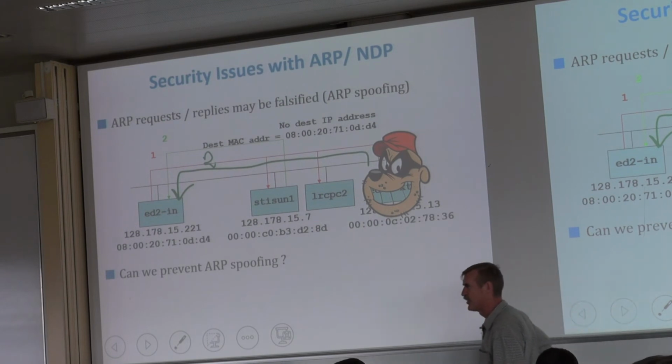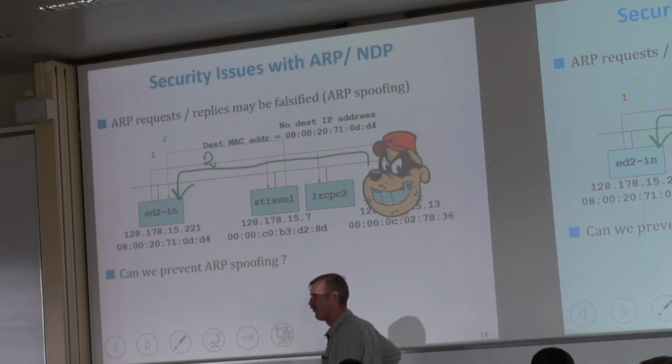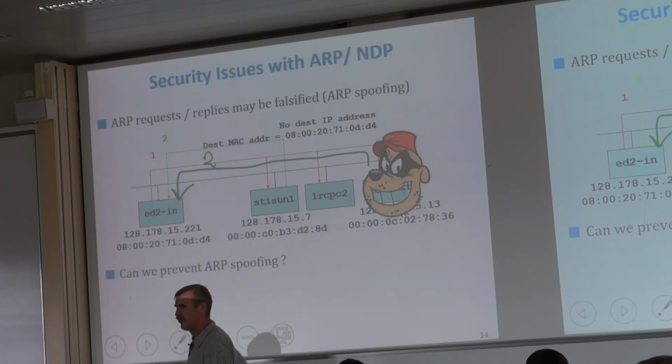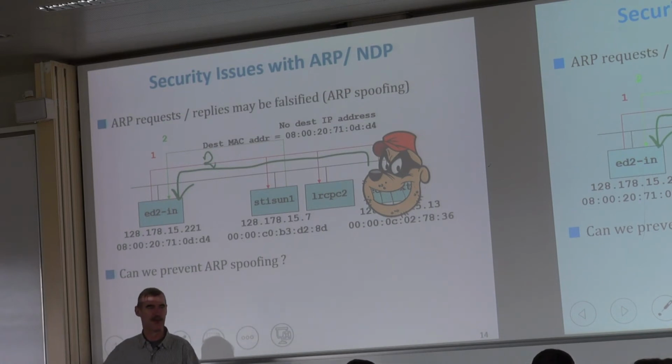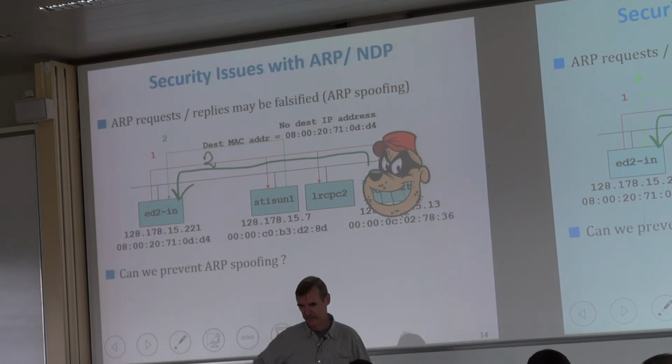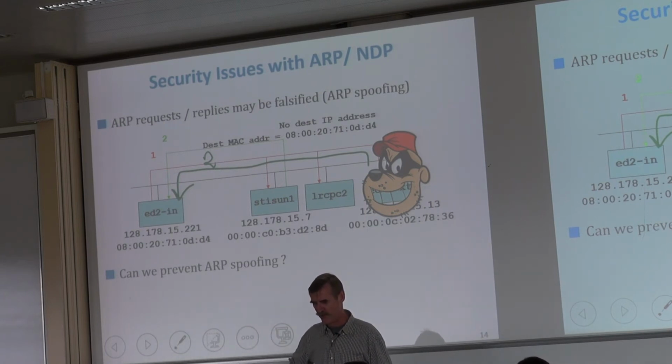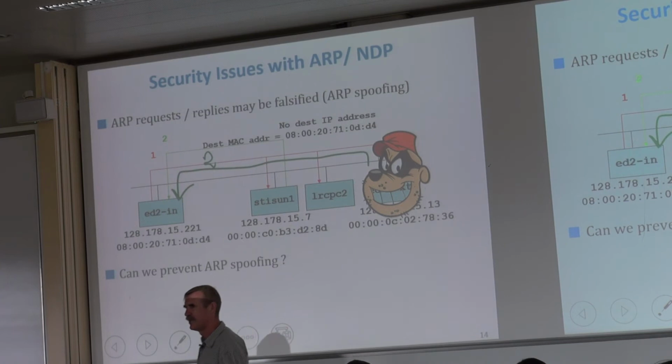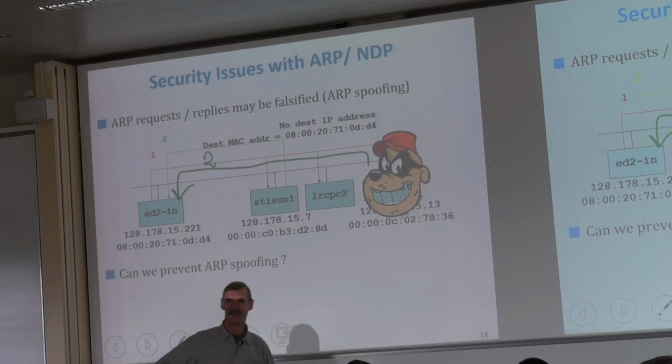If you're in a hotspot somewhere and you can inject false ARP replies, you can impersonate another machine and get all the traffic for that machine. As easy as that. Right? So if you are faster than STI-SUN1, or if you use, let's say, a brute force attack, you could simply flood the system with ARP replies.